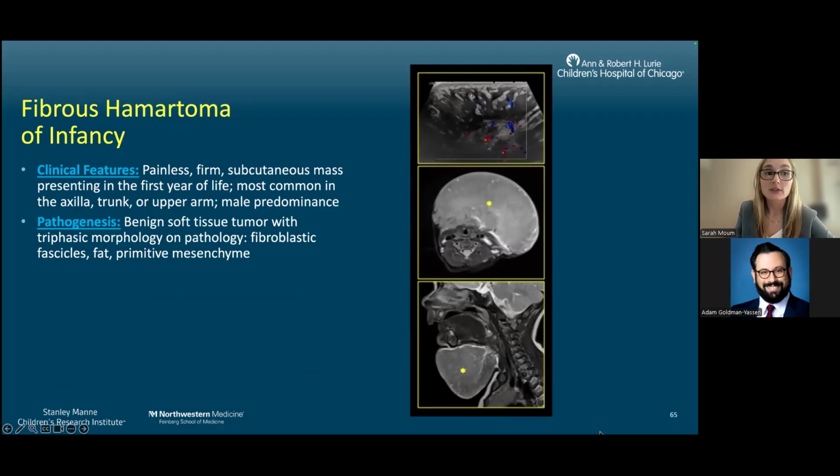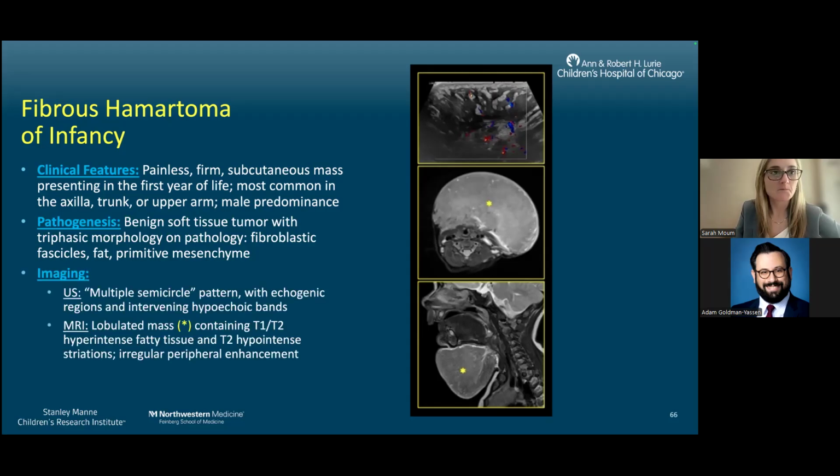These are benign soft tissue tumors that on pathology have a triphasic morphology. So they'll be fibroblastic fascicles with fat and primitive mesenchyme on evaluation.